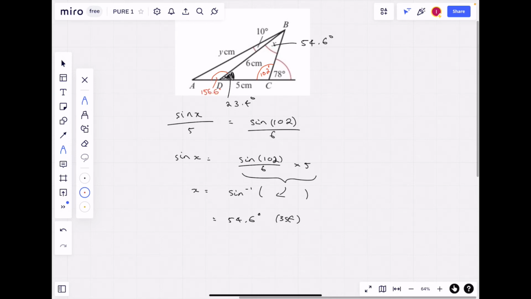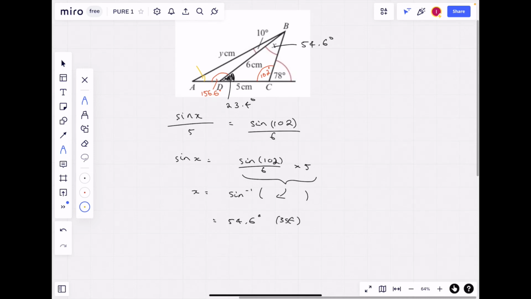Okay? And now you can just address the triangle ABD. So if you want to work out this angle, you do 180 minus 156.6 minus 10, 13.4. Does that make sense? I hope so.